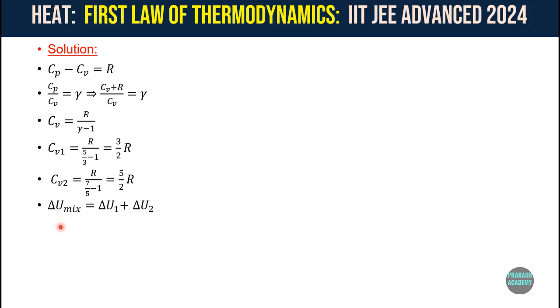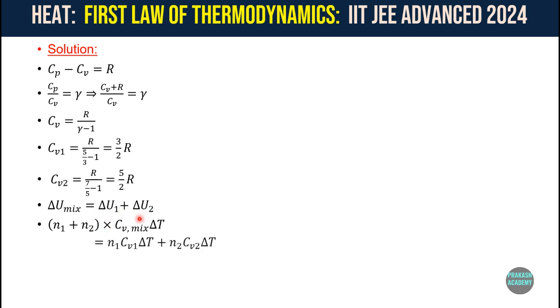Internal energy is given by the formula n Cv delta T. So the internal energy of the mixture is n Cv, where Cv is for the mixture, times delta T, and the total number of moles of the mixture is n1 plus n2.